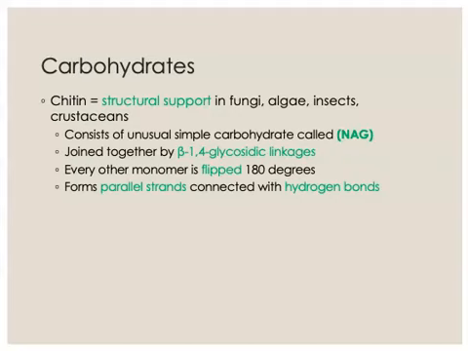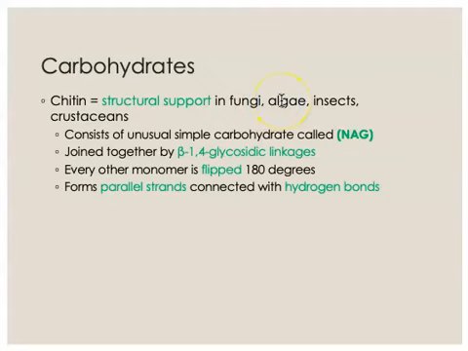Chitin is a polysaccharide that is used by insects, fungi, certain kinds of algae, and crustaceans as structural support. As I said earlier, chitin makes that hard exoskeleton around insects. It makes the shell around crustaceans, and it's found in the cell walls of certain types of fungi and algae.